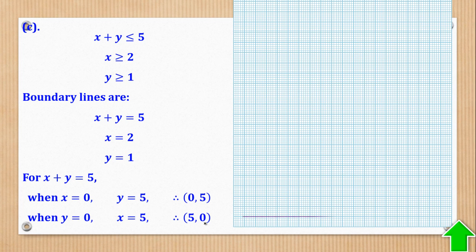So we shall need axes. Here we are interested mainly in positives, that is why we ignore the negatives. Then you can demarcate and get a scale for the x-axis, then also do the same for the y-axis.